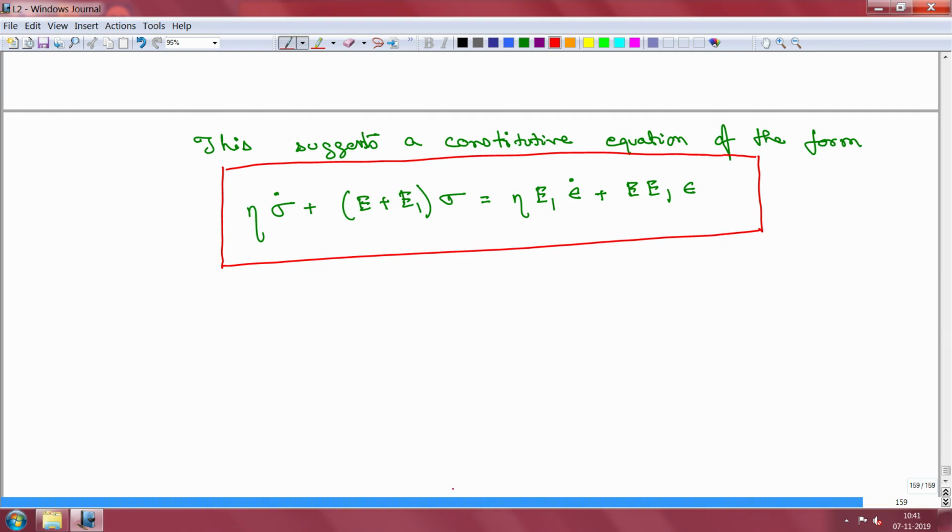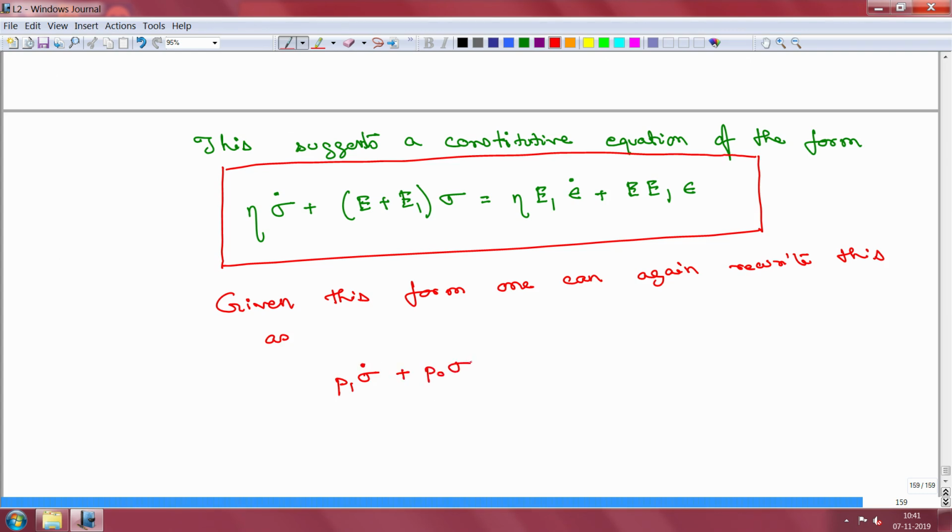So, one can again rewrite this expression as P1 sigma dot plus P naught sigma equal to Q1 epsilon dot plus Q naught epsilon.